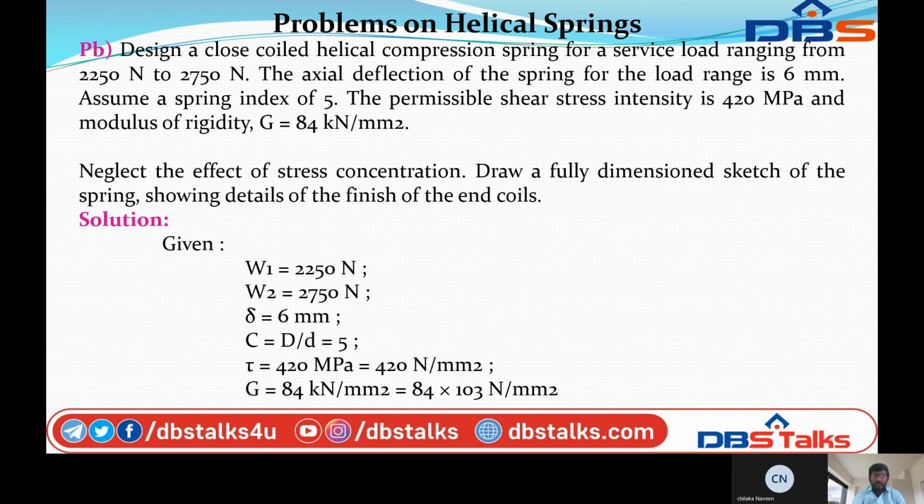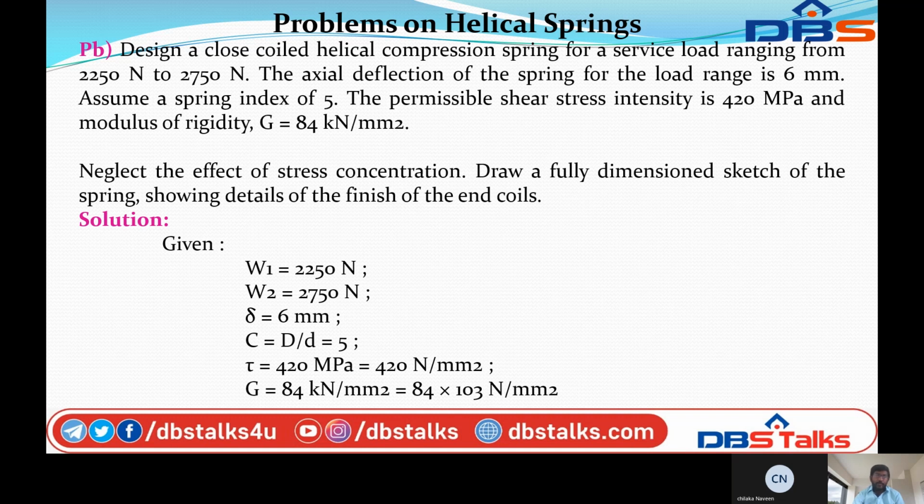The permissible shear stress intensity is 420 megapascals and the modulus of rigidity G is equal to 84 kilonewton per mm square. Neglect the effect of stress concentration. Draw a fully dimensioned sketch of the spring showing details of the finish of the end coils.